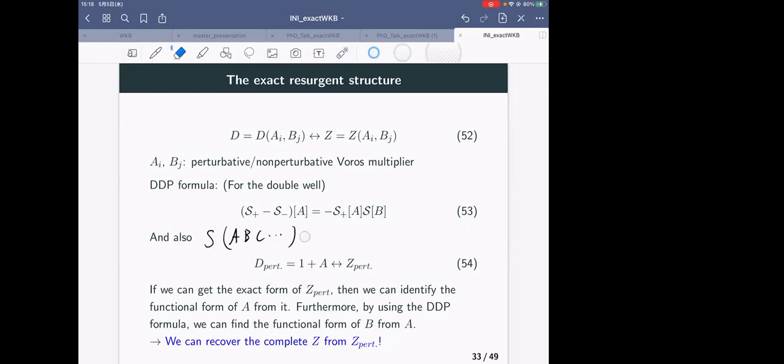Together, you can get everything. Is that the way? Right. Yes, more precisely, if we can obtain the complete information of A, then that's enough because of this DDP formula. Right, I see. Okay, thank you very much.